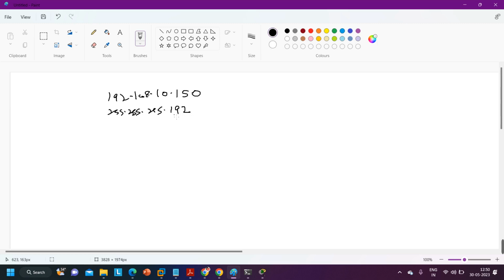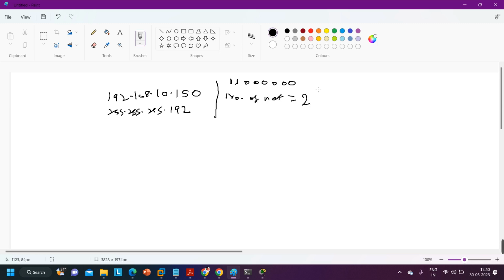Can anyone tell me how many bits I have borrowed here? I have to convert it. 192 means 1, 1 and all the rest bits are 0. 128 plus 64, so 2 bits borrowed. Yes or no?